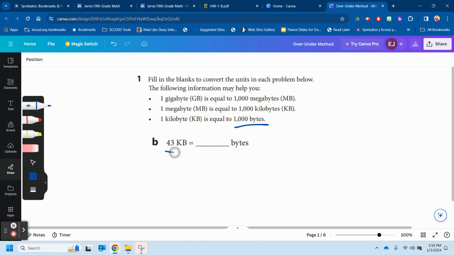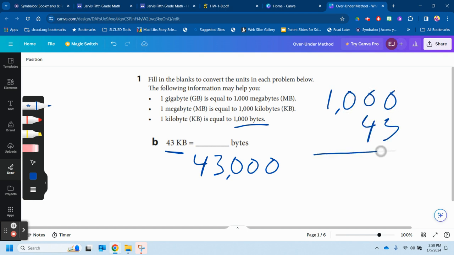So 43 kilobytes is 43,000 bytes. Basically, what you have to do is just multiply 1,000 bytes 43 times. And we kind of did the old trick. All you have to do is count the number of zeros. There's 3, 1, 2, 3.